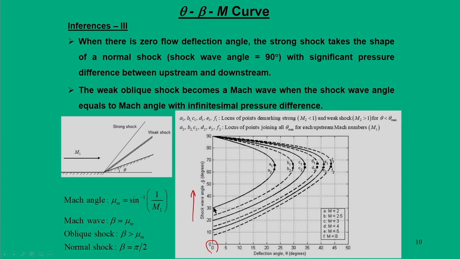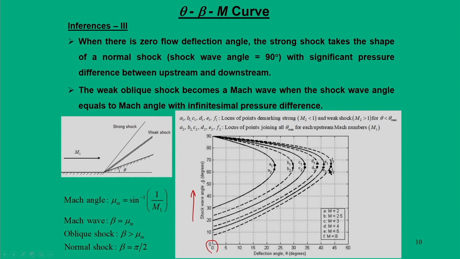For each curve, the upper limit is beta equal to 90 degrees, and all the Mach number curves merge at beta 90 degrees, but their starting points are different. Like the curve for M1 equal to 2 starts at maybe beta equal to 30 degrees, but merges at 90 degrees.